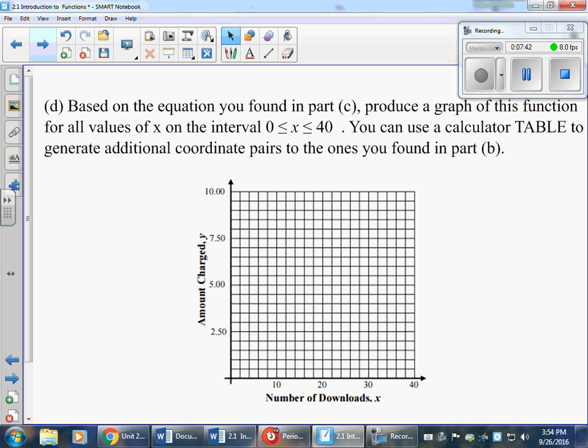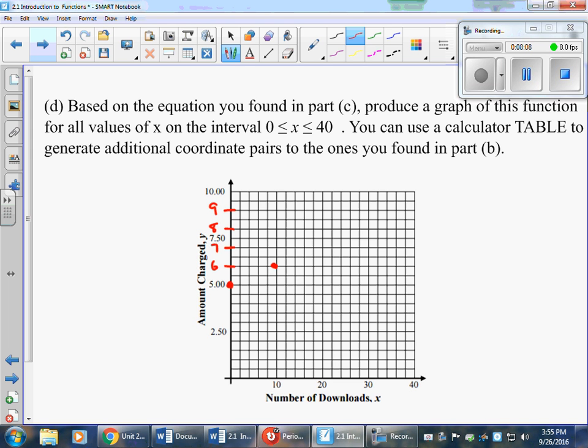So based on our data, at 0 it's $5. Now 5, figure how this works. This is 5, this is 6, this is 7, this is 8, this is 9. Always try and figure out what your scale is prior to graphing. So at 10, we're at $6.